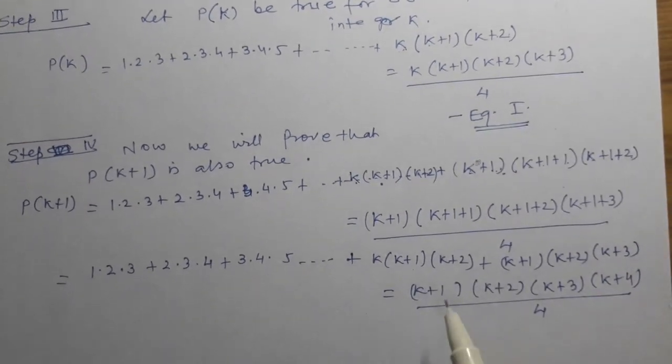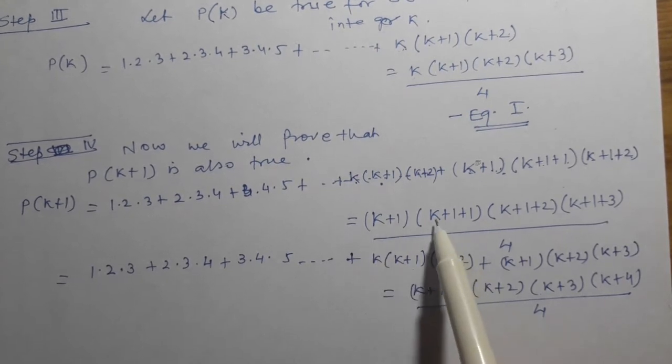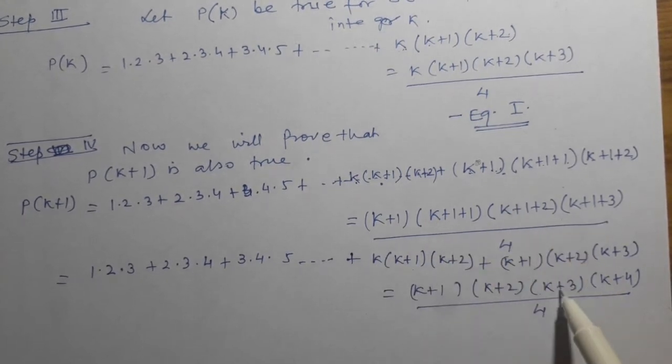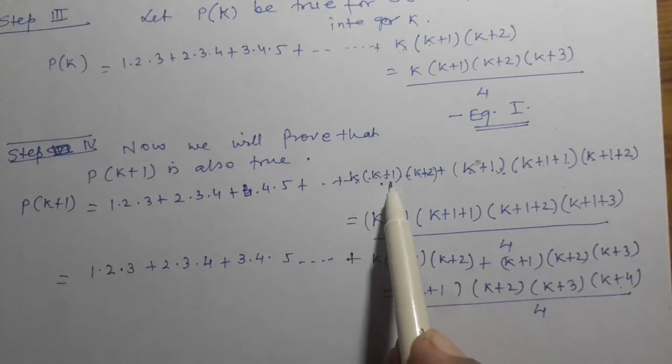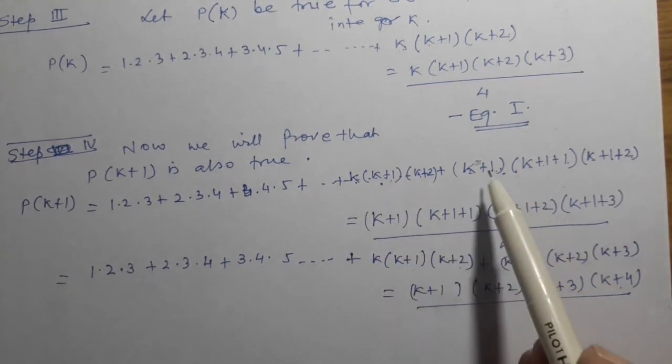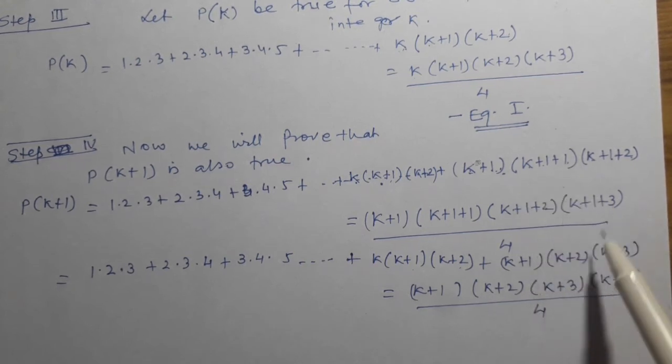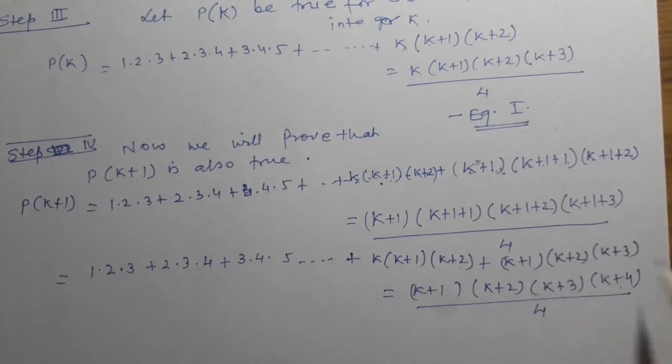Okay, this is k plus 1, this is k plus 2, this is k plus 3, this is k plus 4, and this we have already written k plus 1, k plus 2, and this k plus 1, k plus 1 plus 1, k plus 1 plus 2.